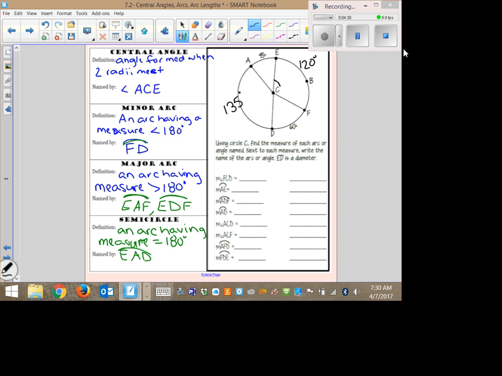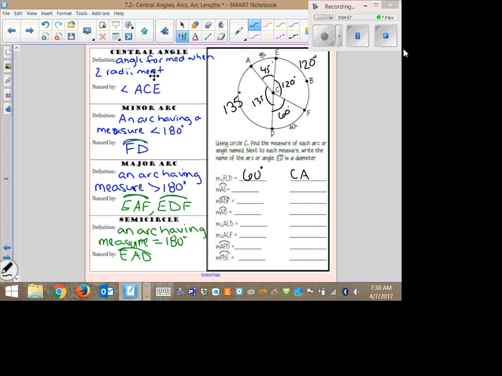Note that each of these inside parts, the central angles, match up with the arcs. So I'm just going to label those real quick. Now we can go through: the measure of angle FCD is 60 degrees, and that's a central angle.